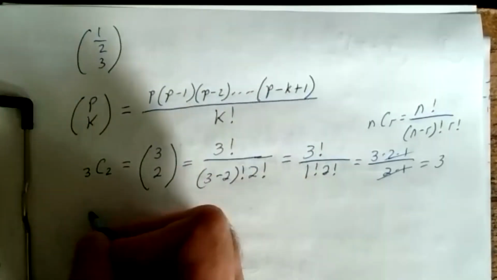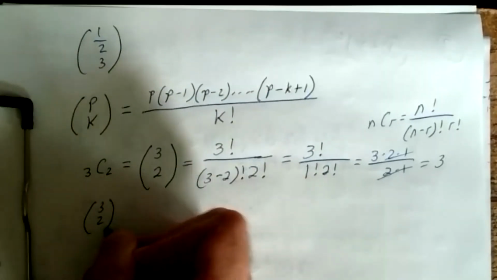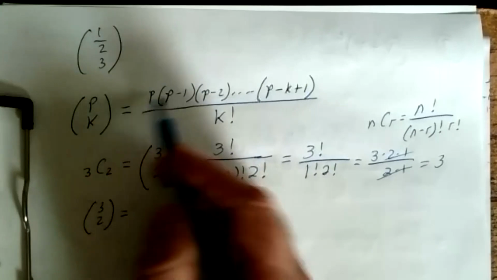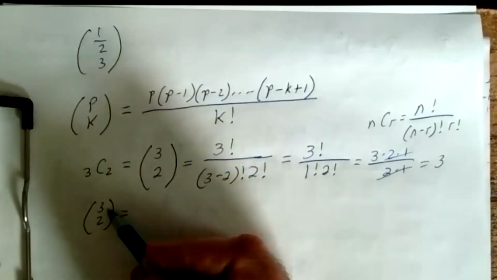Now let's try to use this formula to reconcile 3 in combination with 2. My P is a 3, and my K is a 2.